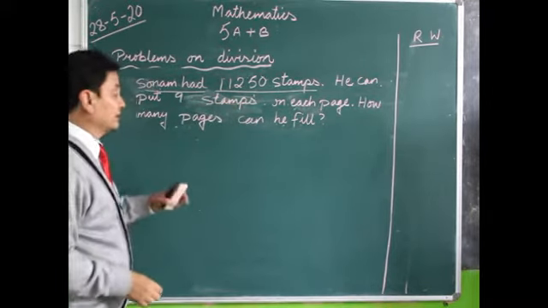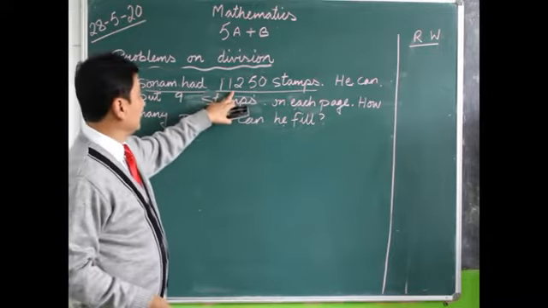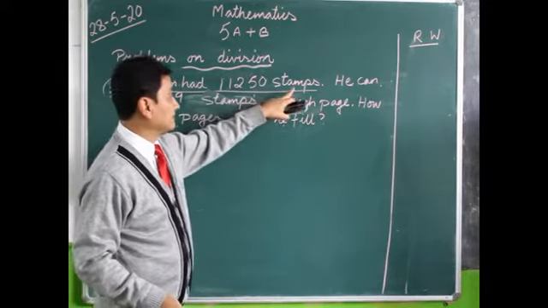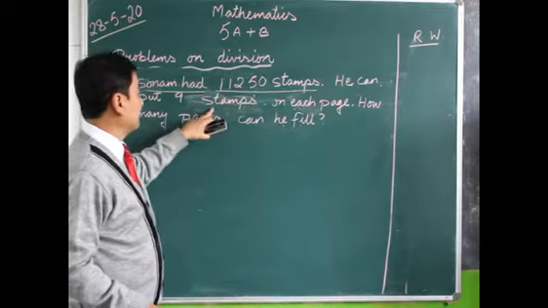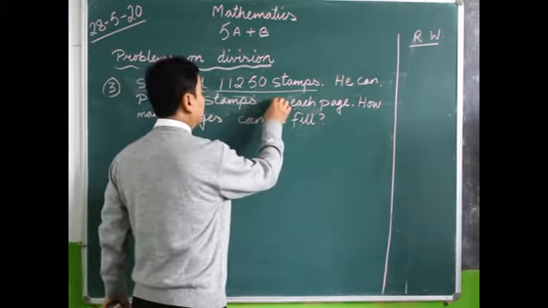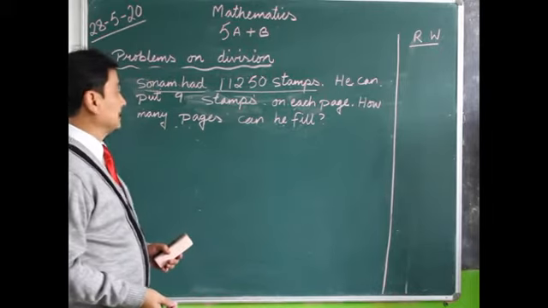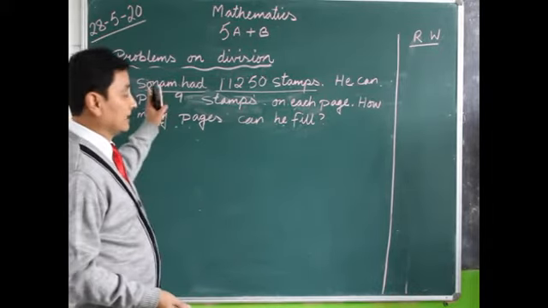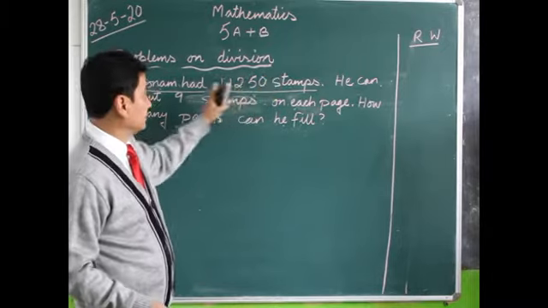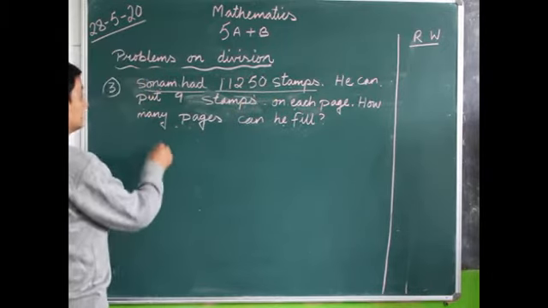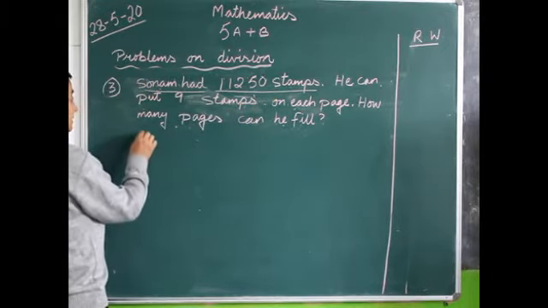So let me read that question again. So I have 11,250 stamps. He can put 9 stamps on each page of the album. How many pages can we fill? So let's look at this step. This first one, and write the statement.